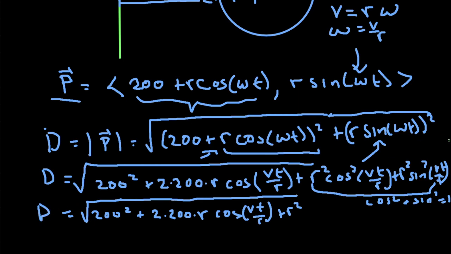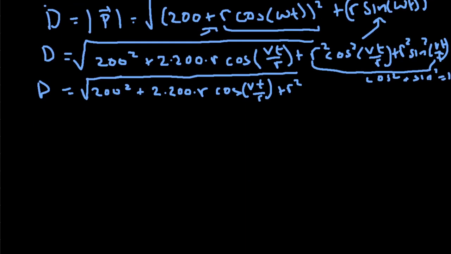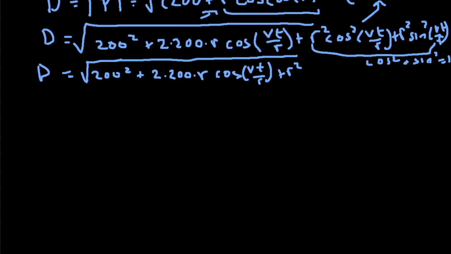It looks a little different from the previous one, but it's actually related, geometrically, it's still related. There's a little bit of a trick you can do here because I have to take a derivative, but I don't want to deal with that square root.